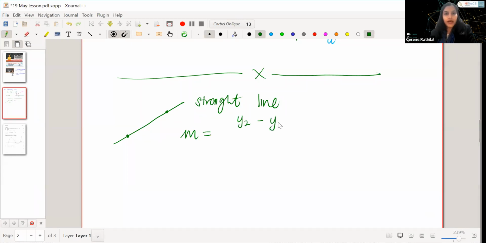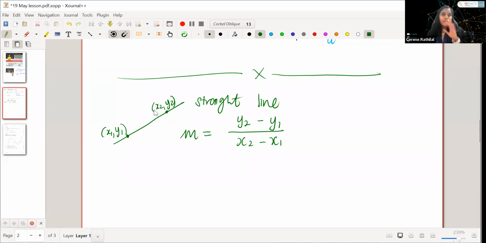y2 minus y1 divided by x2 minus x1, where of course we are utilizing the two coordinates from the given line. So if this was coordinate x1, y1, and if this was coordinate x2, y2, we can utilize those two coordinates to calculate the gradient of this line.